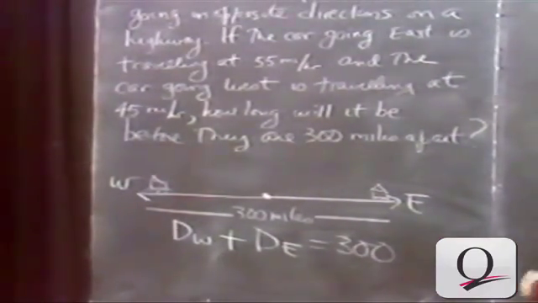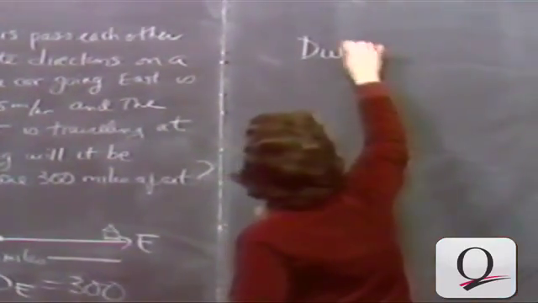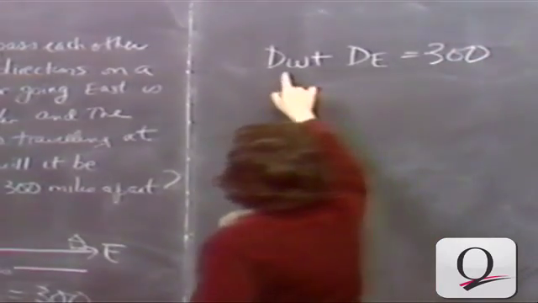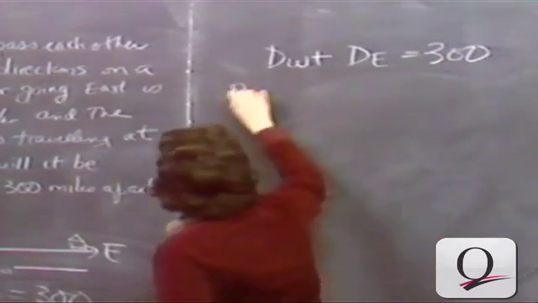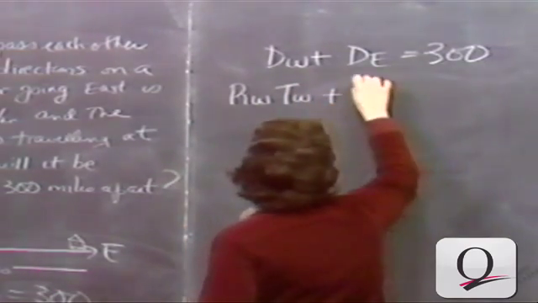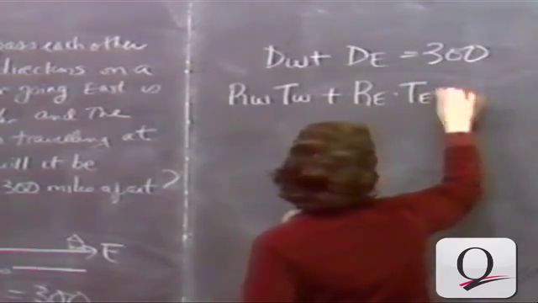Now, dw plus de is to be 300. Now, distance is rate times time. So dw is rw tw. Distance e is rate going east, time going east, 300.